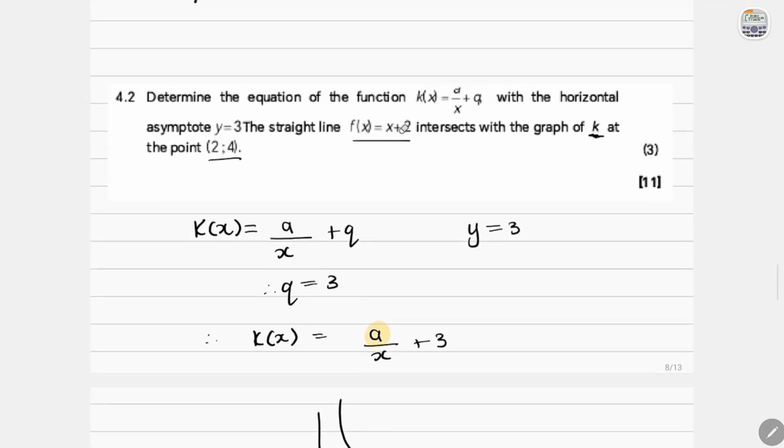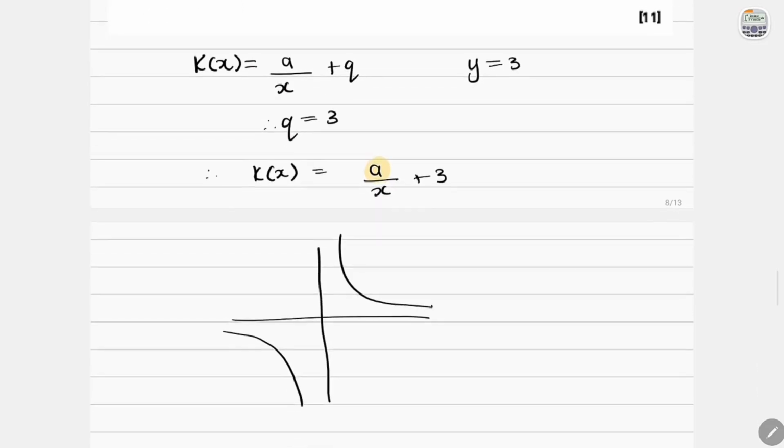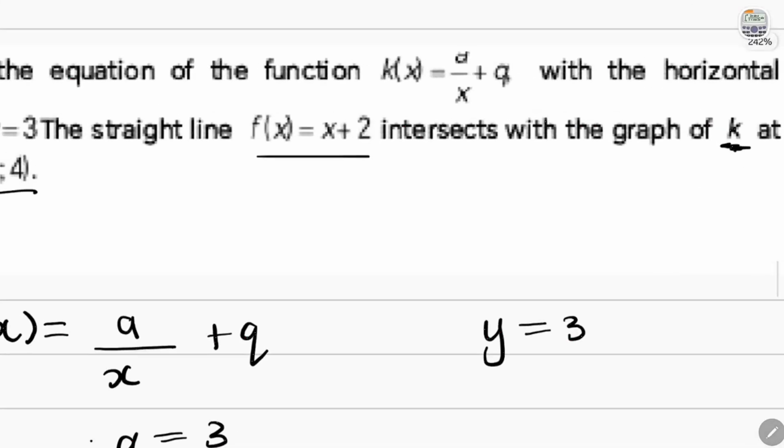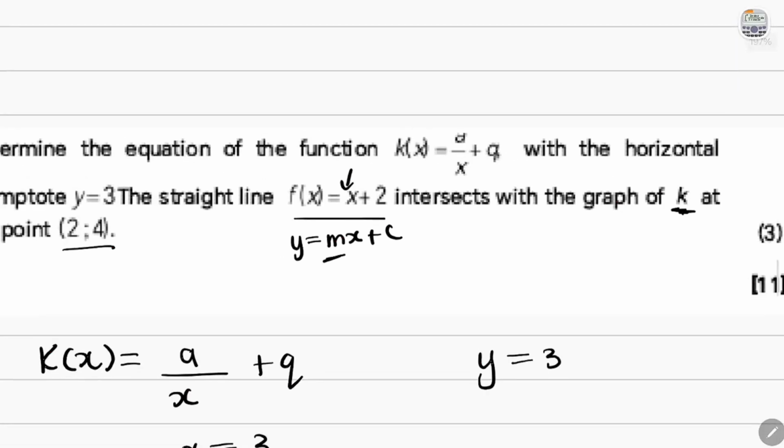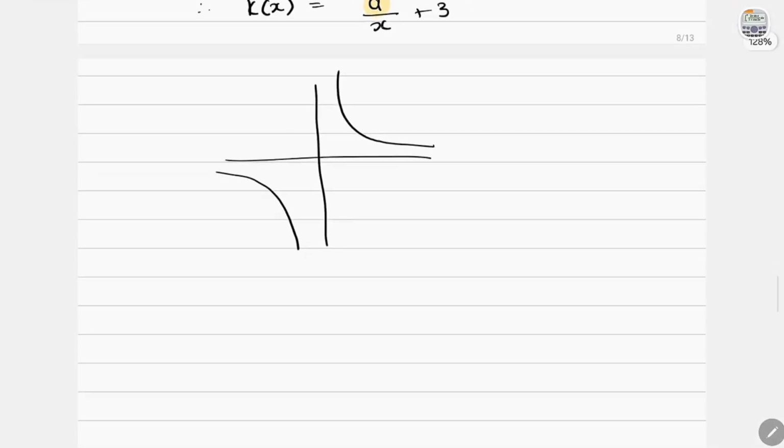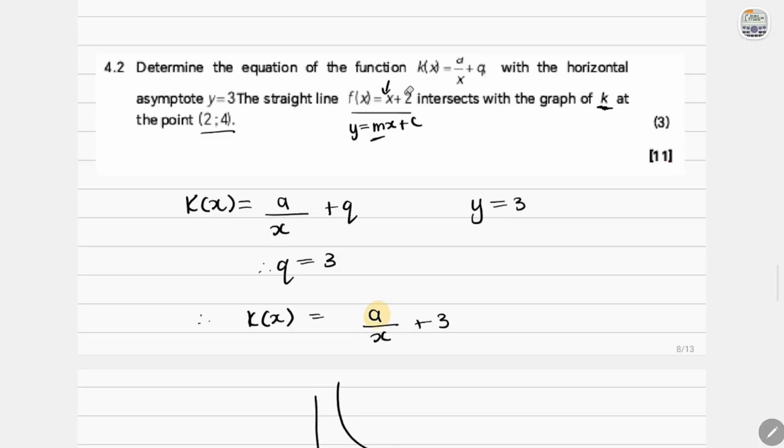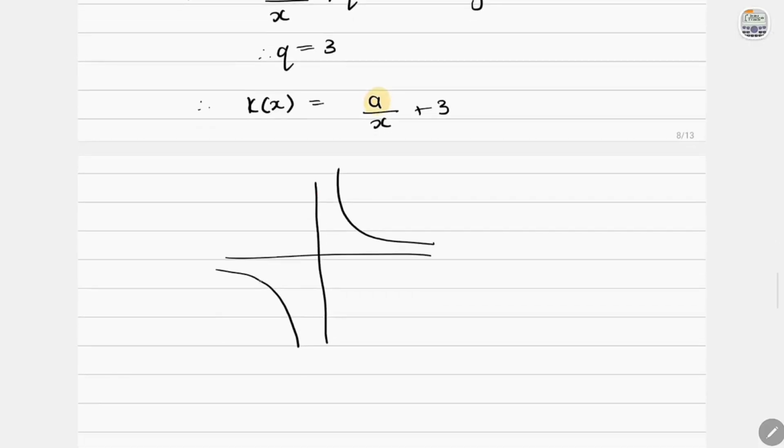Yeah, it probably is positive, because this straight line's equation is f of x equals x plus 2. A straight line's equation is always in the form of y equals mx plus c. So the gradient is positive 1, meaning this is an increasing function, and it has a y-intercept of 2. So it is a line that basically does this.